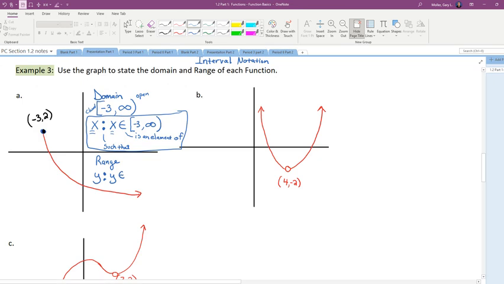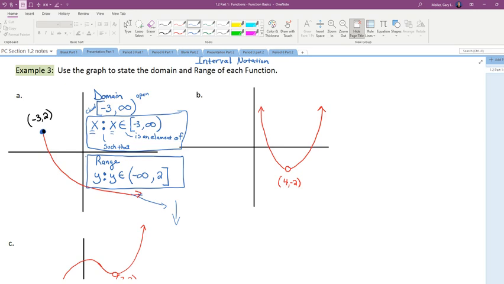Despite this thing looking like it's curling up, I'm intending that this is continuing to go down. So it looks to me that we're going to start at negative infinity, because all of the numbers down here will be covered. The biggest number we see is a 2, and the 2 would be included because there's a solid dot here at this point. So this would be the best way to write the range.